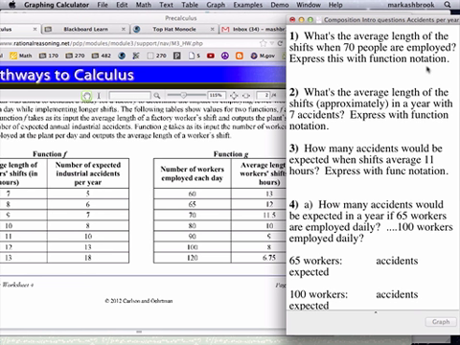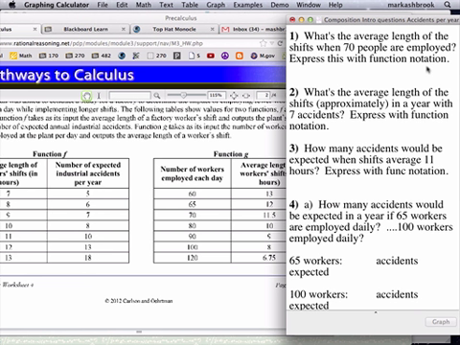For input, it takes the average length of workers' shifts in hours. So what lengths of shift do they work per day? 9-hour shifts, 12-hour shifts? And then it outputs how many accidents you would expect in a year. When workers have longer shifts, there's a tendency to get tired, make mistakes, and have more accidents. So the longer the shifts are, the more accidents they're seeing over a long period of time. That's the function f.